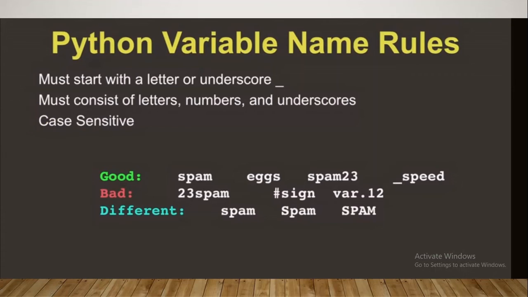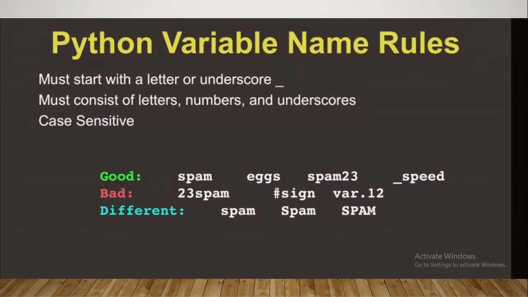It should start with an alphabetical letter or underscore, not with numbers or the at sign or any special symbols like a dollar sign, hashtag, or dots. It must consist of letters, numbers, and underscores. And it's case sensitive, which means capital and small letters make a difference.